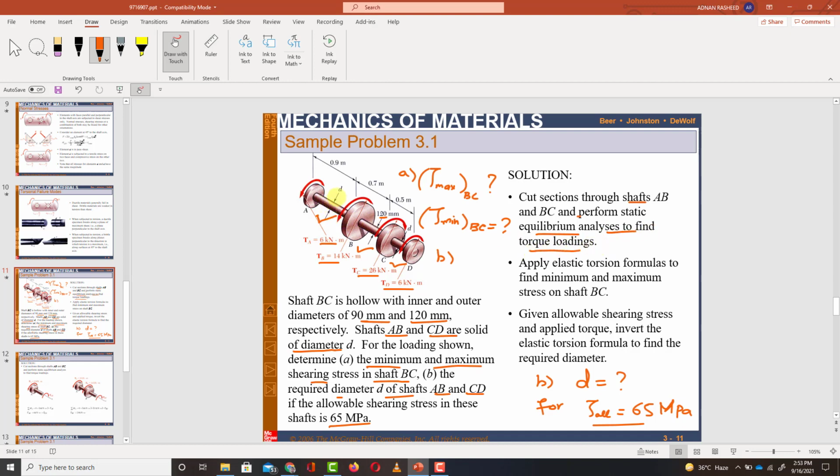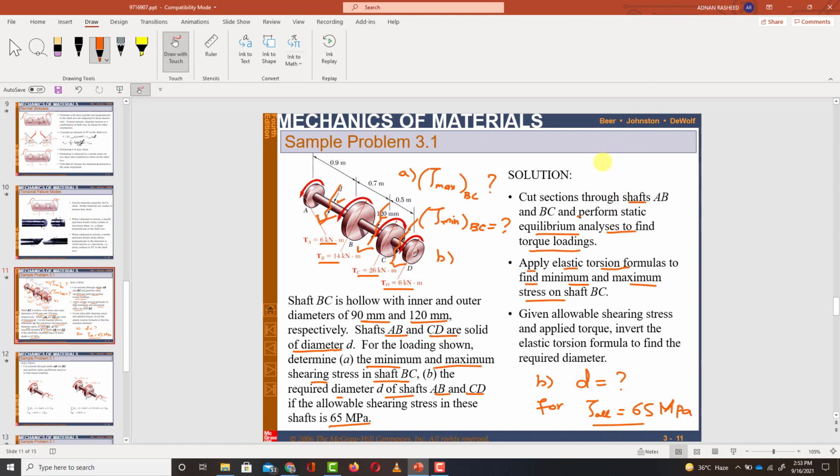Basically, you take a section at different locations of the shaft and apply the equilibrium equation to find the torque in shafts AB, BC and CD. After finding the torque, you apply the elastic torsion formula to find the minimum and maximum stress on the shaft.